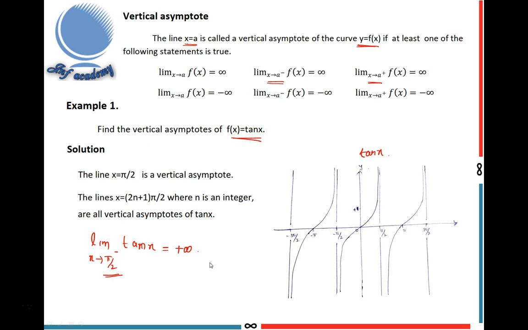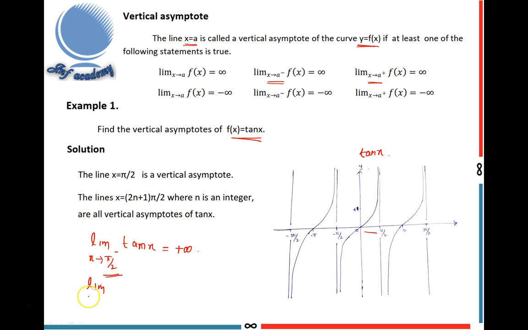That means as x approaches pi by 2 from the left, the value of f of x approaches infinity. So the left hand limit at pi by 2 is plus infinity.